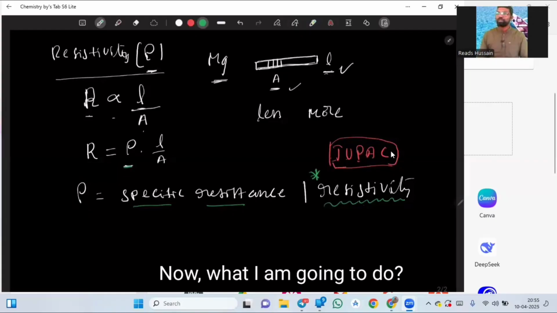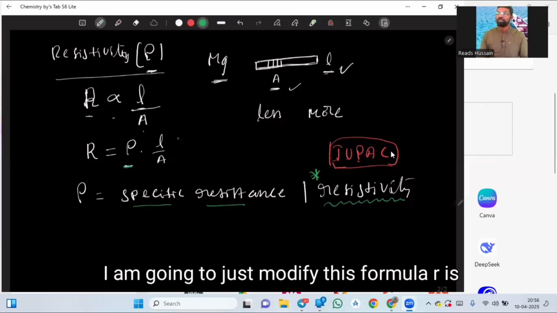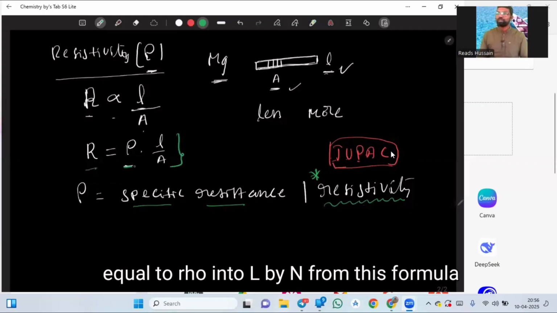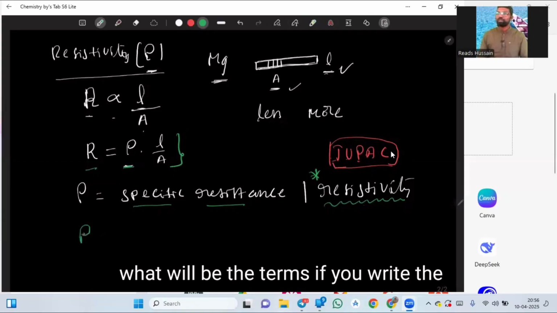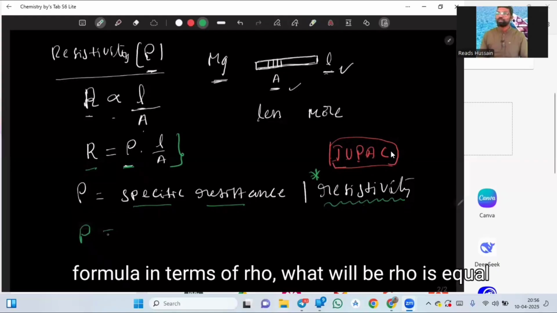Now I am going to modify this formula. R is equal to rho into L by A. If you write the formula in terms of rho, what will it be?